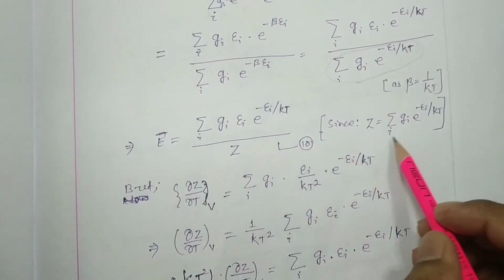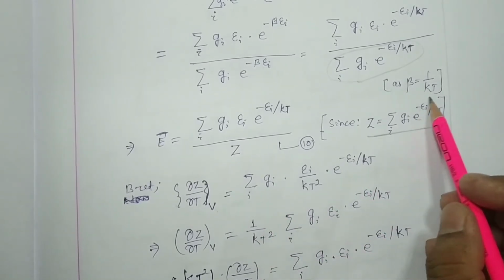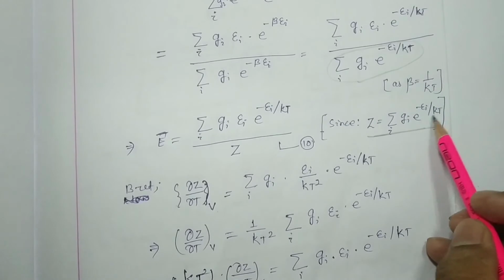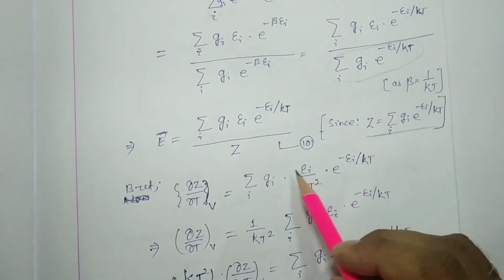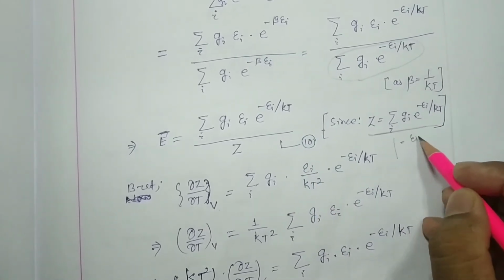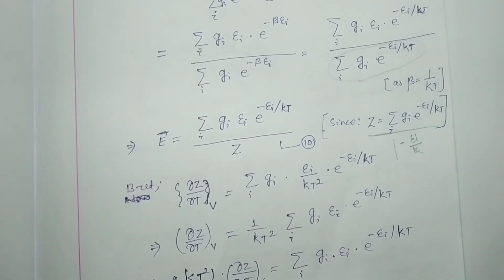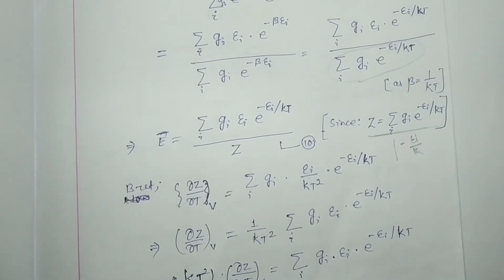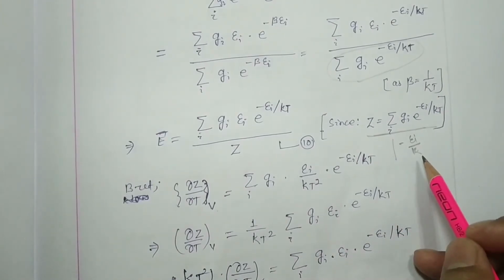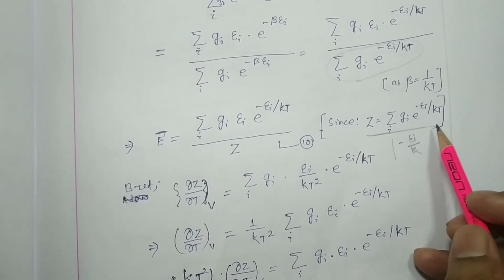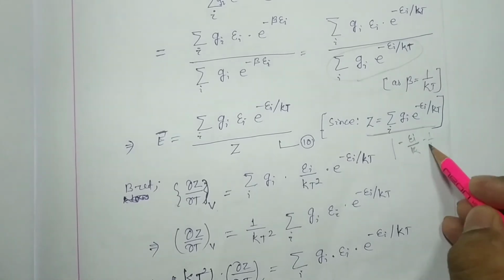Del z by del t, consider this one, gi is the constant. So this will be the derivative of e to the power minus epsilon i by kT with respect to T. It will be minus epsilon i by k into the derivative of 1 by T, which will be minus 1 by T square.